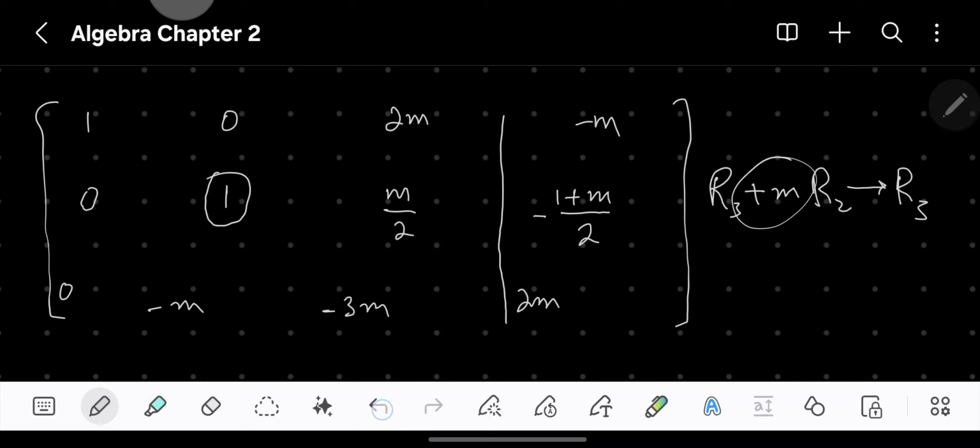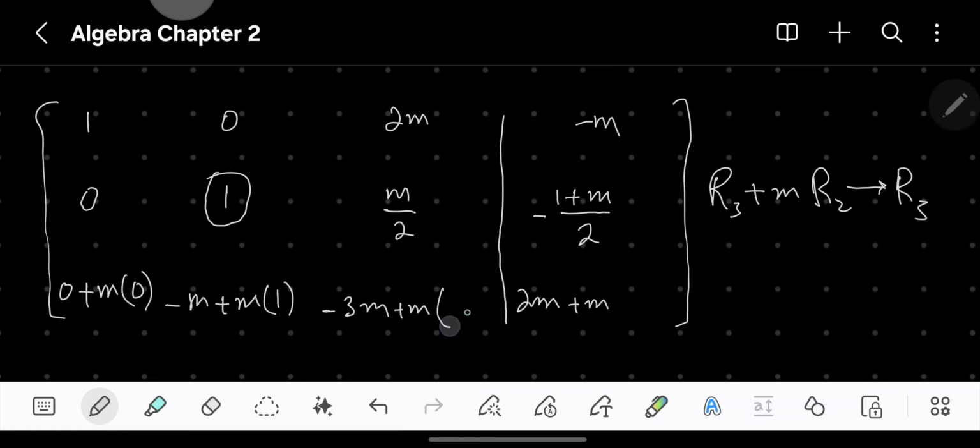Then I will write plus m times R2. What is R2? R2 is 0 here. R2 is 1 here. R2 is m by 2 here.